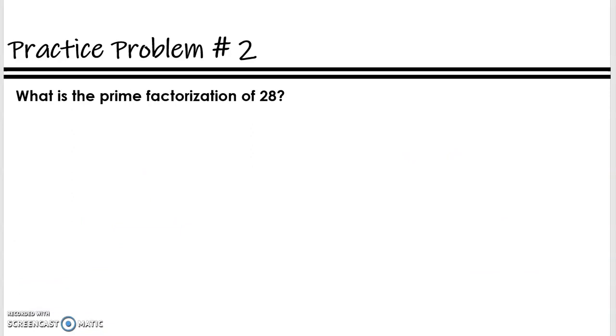For this practice problem, I challenge you to pause the video and give it a try, and I'm going to have you choose whichever method you prefer. So I myself kind of like a factor tree because I can think of whatever facts my brain likes the most. With the stepped division, you have to divide out by a prime number, but you're going to get the answer either way.